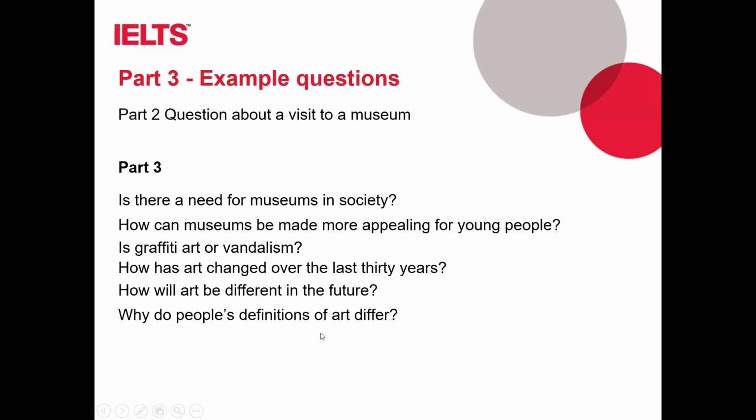Here's a sample. As I discussed, in part 2 the question would be about a visit to a museum, and in part 3 the questions can be, is there a need for museums in society, or how can museums be made more appealing for young people.